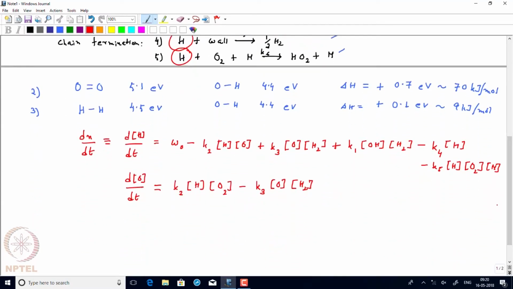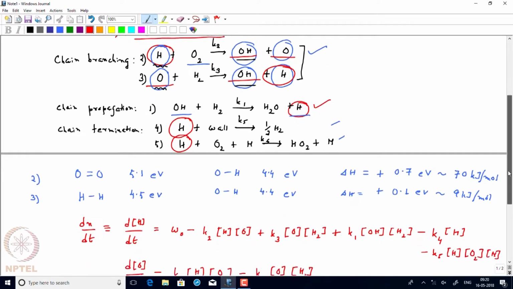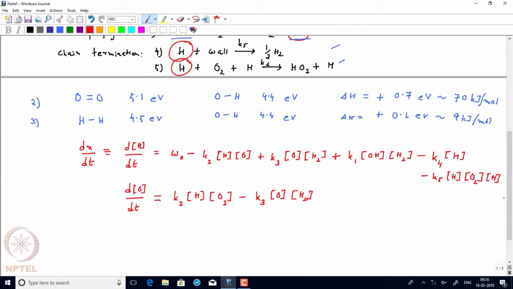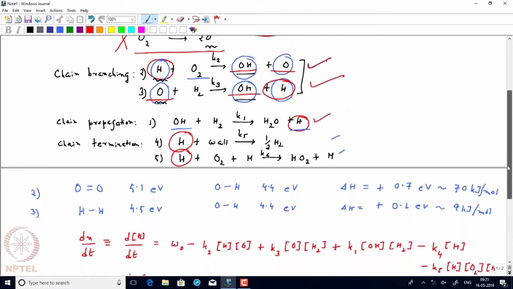And similarly, I have one more radical, which is the OH radical, which is being formed during the course of the reaction, as you can see here. So for the OH radical, the kinetics will be d[OH]/dt, that will be K2 H O2 plus K3 O H2, because these are the two steps where in both steps OH radical is formed, but in the first step O radical is formed, in the second step O radical is consumed.